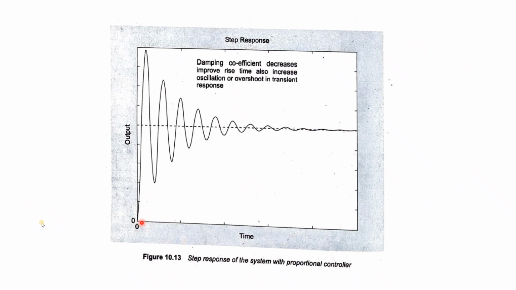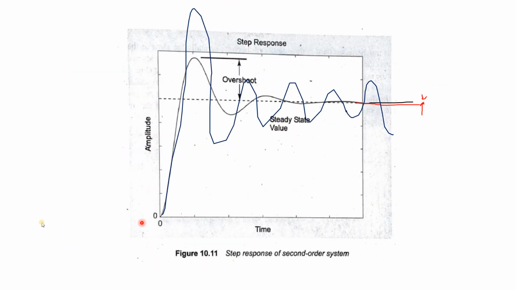See, this is an example. The damping coefficient decreases, rise time also decreases, and there is oscillation or overshoot in the transient response. If you use a proportional controller, initially suppose it was like this.